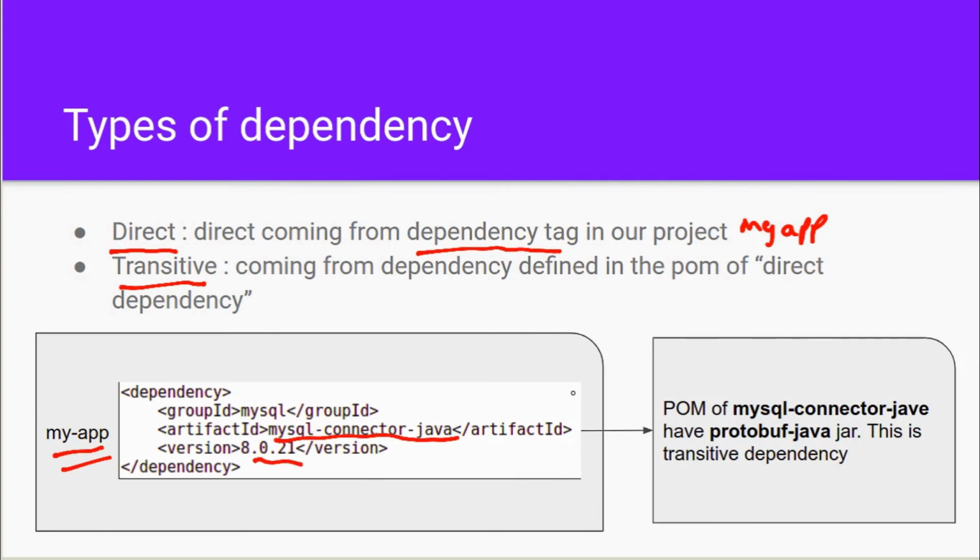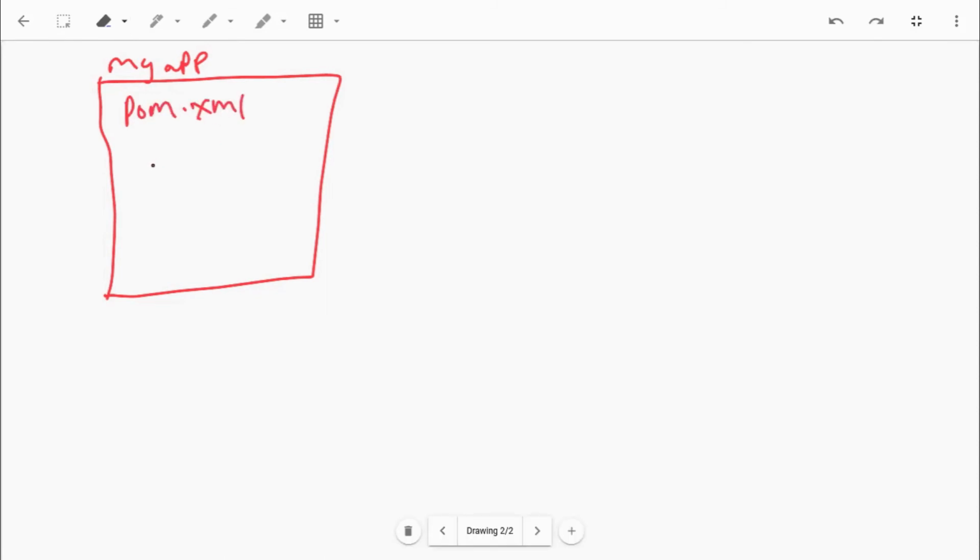And if we see it logically, MySQL connector Java is also a project, which will constitute a different POM, and that particular POM can have different dependencies on which the driver is dependent. Let us understand it more clearly. Suppose this is our project MyApp, having pom.xml, which in turn has the dependency of MySQL connector.